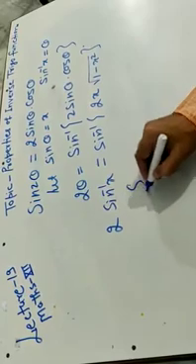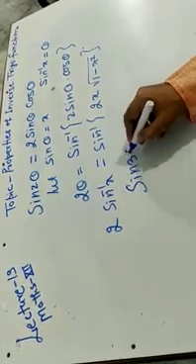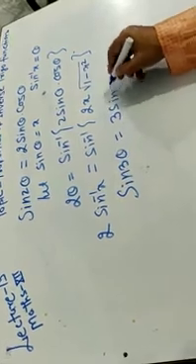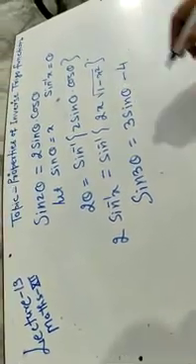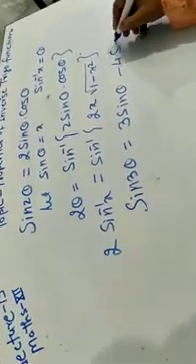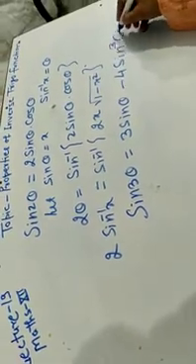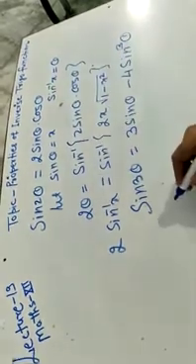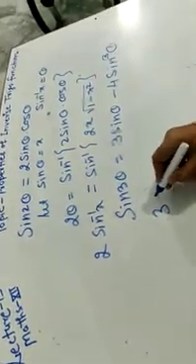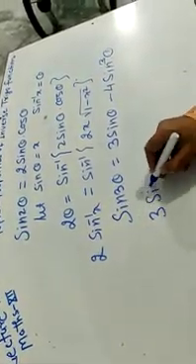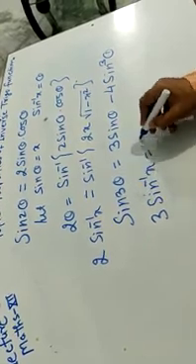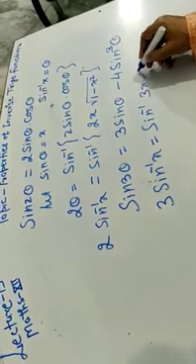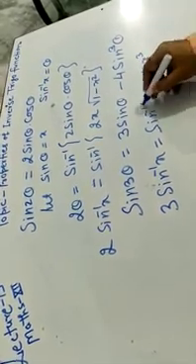You write sine 3 theta equals 3 sine theta minus 4 sine cube theta. In the same way you can prove 3 sine inverse x equals sine inverse of 3x minus 4x cube.